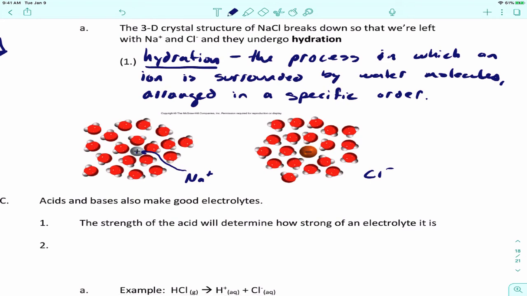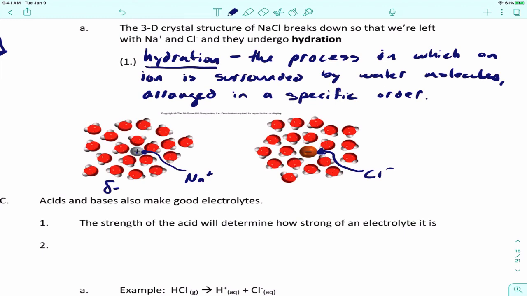Okay, and so you'll notice that when we're talking about the sodium ion and the chloride ions, the water molecules arrange themselves in a specific order. In this case, the oxygens are attracted to the sodium ion, because oxygen is partially negatively charged and the sodium ion is positively charged.